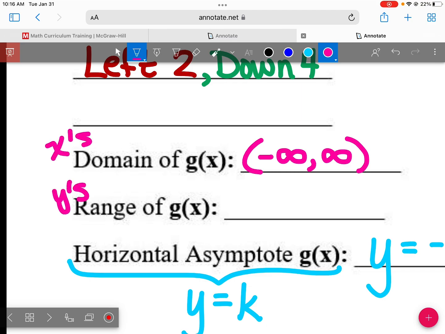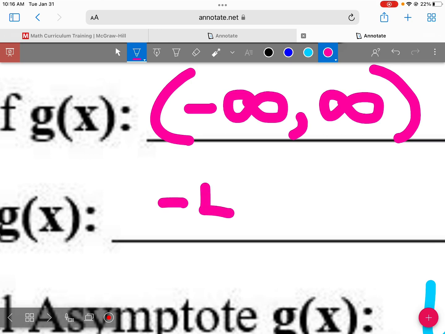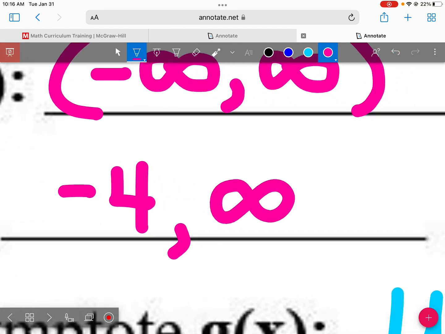The lowest this graph ever goes is where? What does it not go below? Close. Negative 4. It doesn't go below negative 4. Does it ever stop going up? Nope, so I'd have an infinity here.